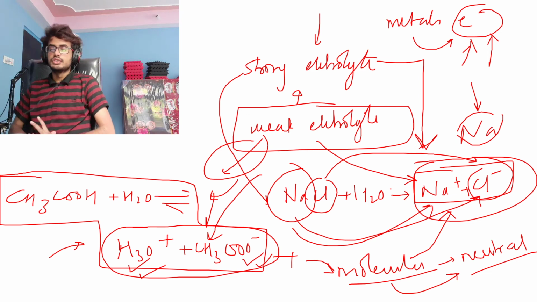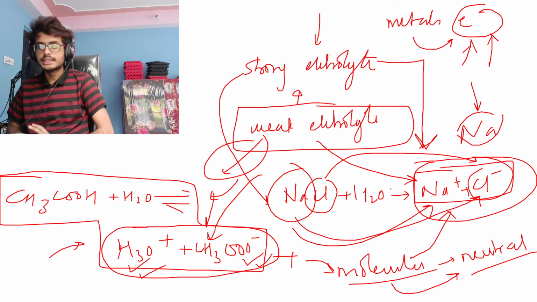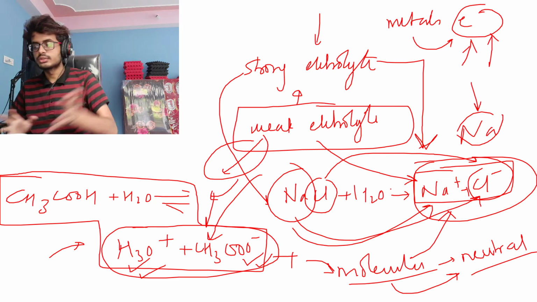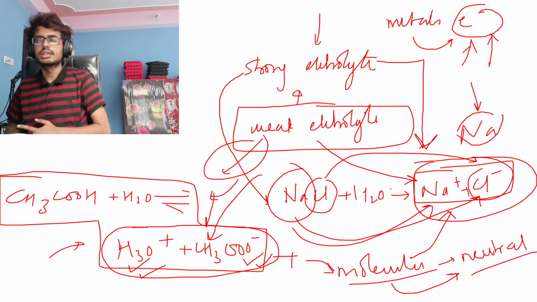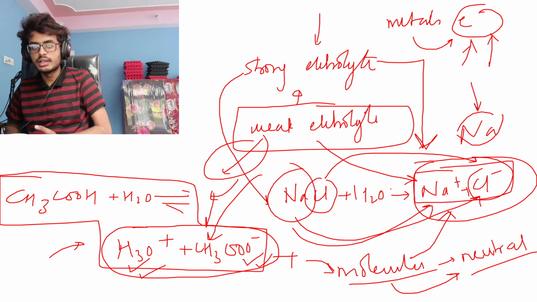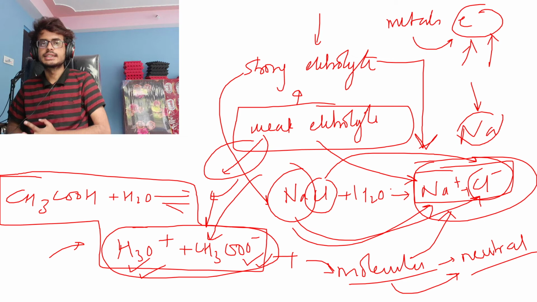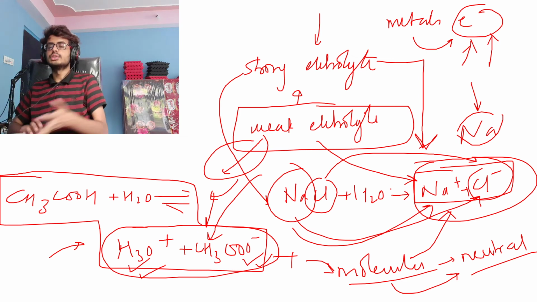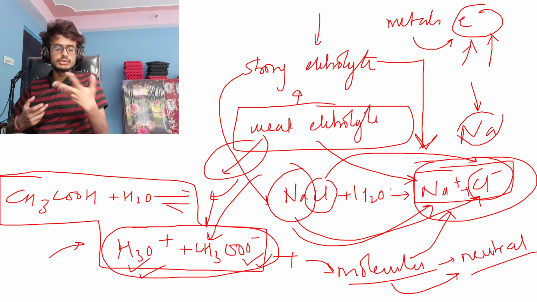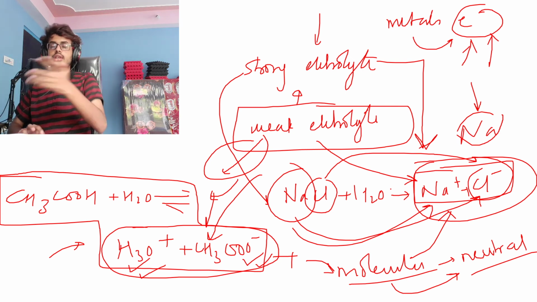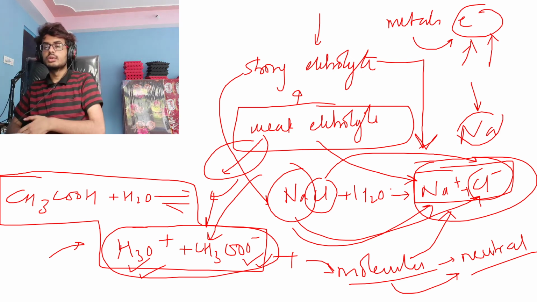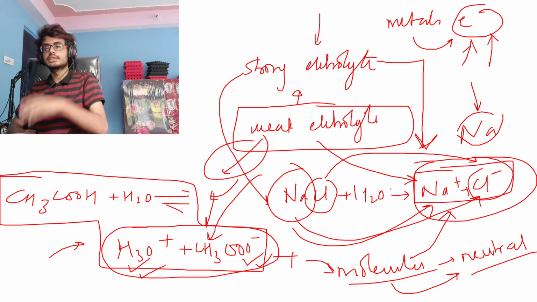So these are the things you need to know. What is ionization? Ionization and dissociation are almost the same. The breaking up of a compound into its constituent parts is known as ionization or dissociation. Then we have electrolytes, which are solutions that conduct electricity, that allow the flow of electricity through them.